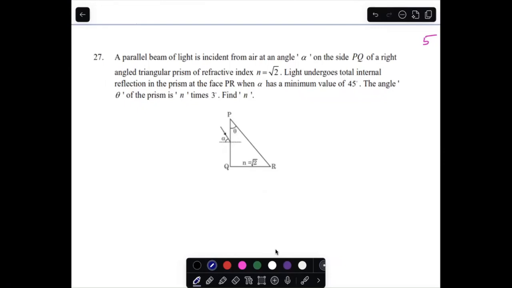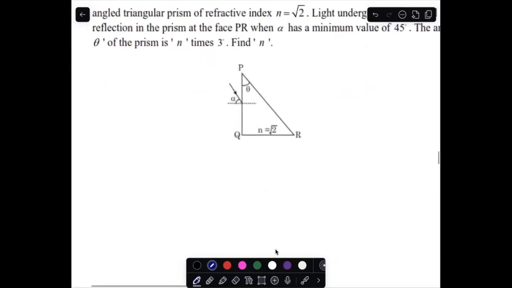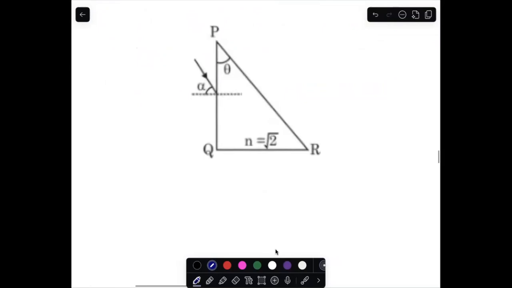The angle theta of the prism is n times 3 degrees. Then find n. Please try to understand what exactly happens in the diagram. The ray goes like this, and it is undergoing total internal reflection. This will become R2, and this will become R1.